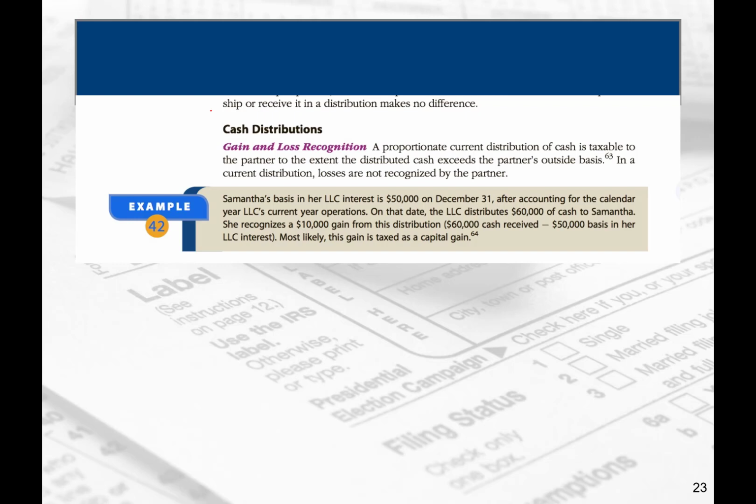Okay, so it's almost like a gain at that point in time. So what happens? Look at Samantha. She has an interest of $50,000, and on the date they distribute $60,000 to her.